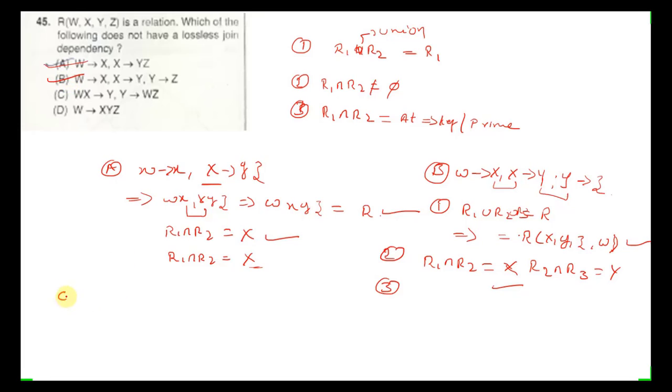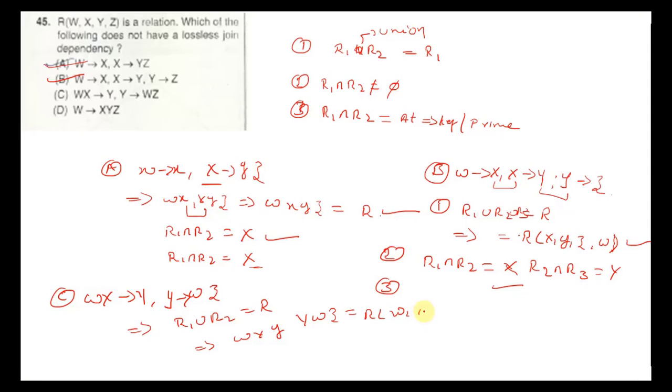Now see option C, that is WX determines Y and then Y determines WZ. In this one, perform the first condition: is R1 union R2 equivalent to R? R1 contains the attributes W, X, Y, and R2 contains Y, W, Z, which is equivalent to R of W, X, Y, Z. So the first condition is true.